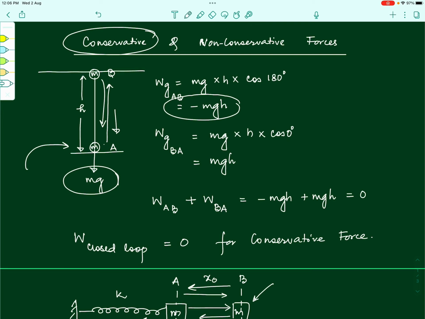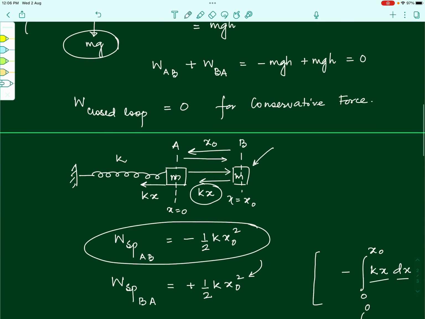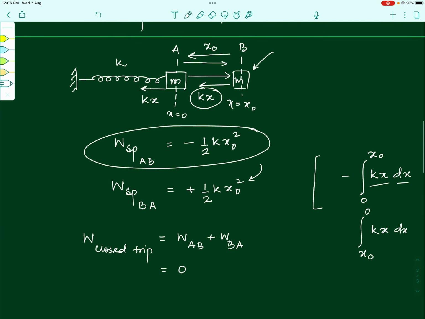So, we say that whenever a conservative force does work on a system, it does not dissipate the energy of the system, it only changes the energy of the system from one form to another. Okay? So, same thing in the spring also. In the spring case, when the block moves from the position A to the position B, it might lose some kinetic energy.